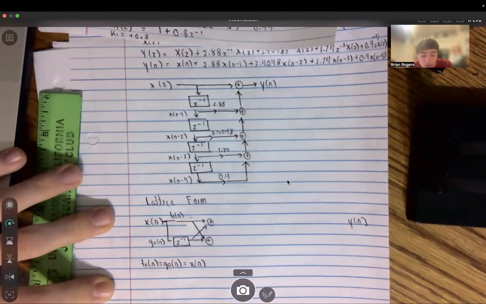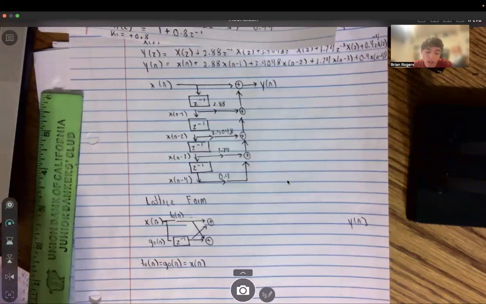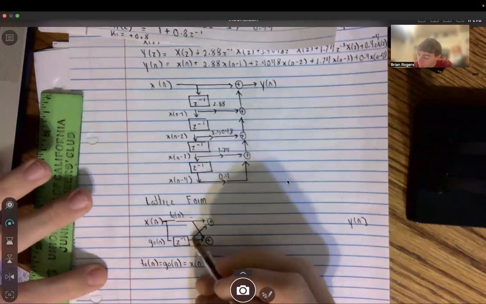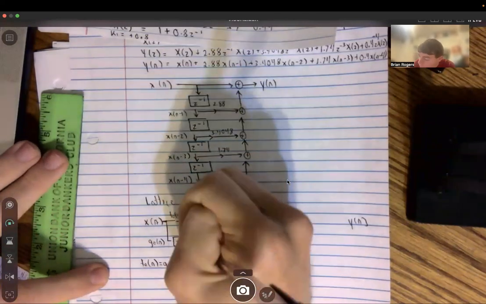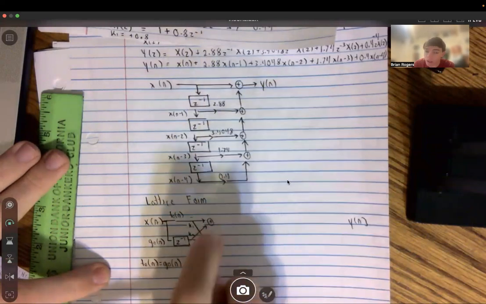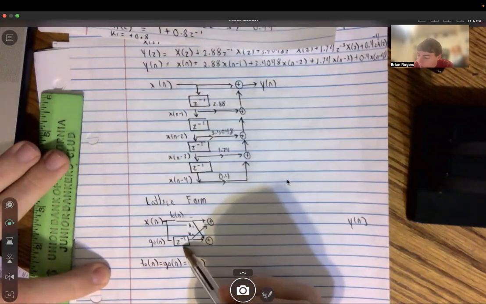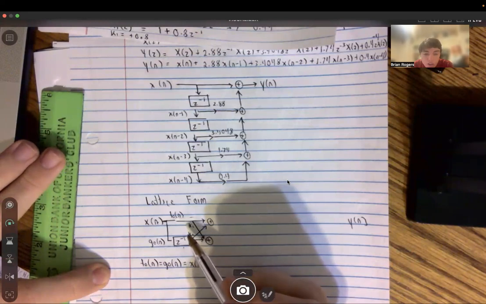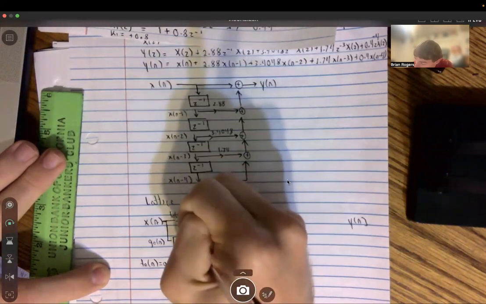And so what we're going to see here is that when you do this reflection, it multiplies both by k1. So this is multiplied by k1. This one down here multiplies by k1. Notice that this has a unit delay of x of n minus 1. And so this will be x of n minus 1 multiplied by k1.